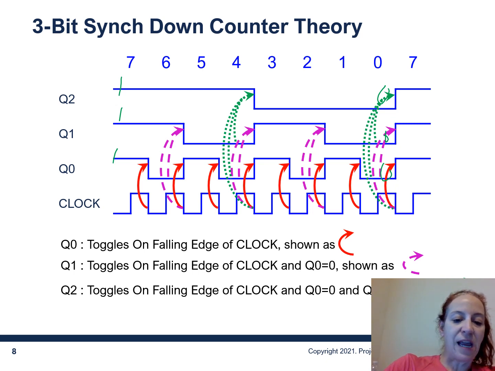We've got the same issues with the falling edge. Every single time that clock falls, Q0 toggles. This is going to be tied to an AND gate here so that it will toggle on the falling edge of every other one, and so forth.